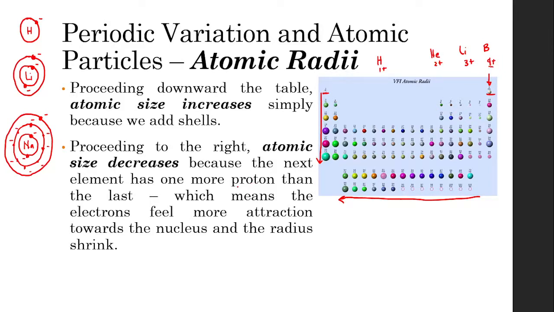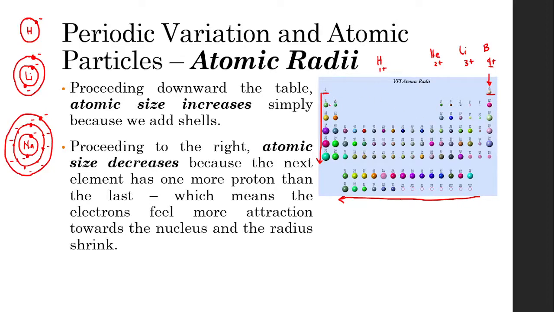What is happening is, as you increase the number of protons in the nucleus, the electrons feel more attracted to the nucleus. And when the electrons feel more attracted to the nucleus, you can think of it as they want to be closer to the nucleus.